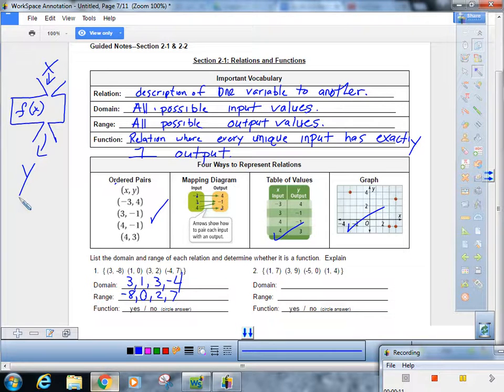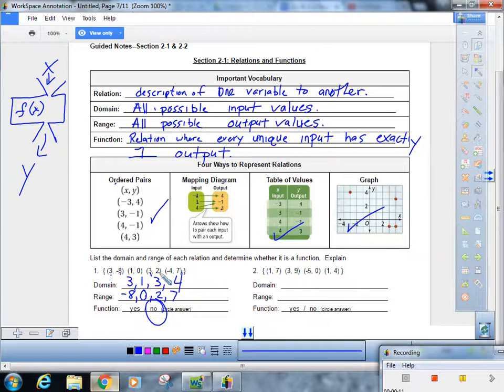And every time I put in the X, it's going to have to pop out the exact same result. So if I put in a 4, and it gives me a 6, if I put the 4 back in, it better give me a 6 again. Well, that is why this is not a function, because notice, one time I put in a 3, and it gave me a -8. However, later on in the day, I put in a 3, and it gave me a 2. And that just doesn't work that way if this is a function.